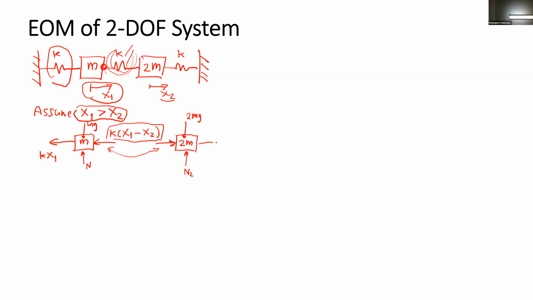If the mass 2m travels to the right hand side, the spring is under compression, and the magnitude of the spring force is k multiplied by x2. So here is the free body diagram of these two masses.